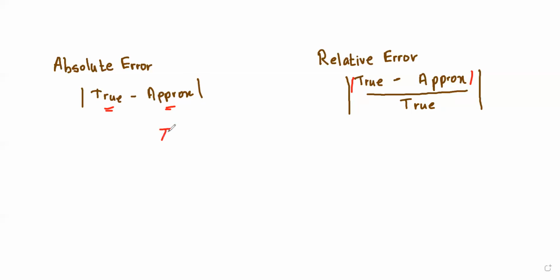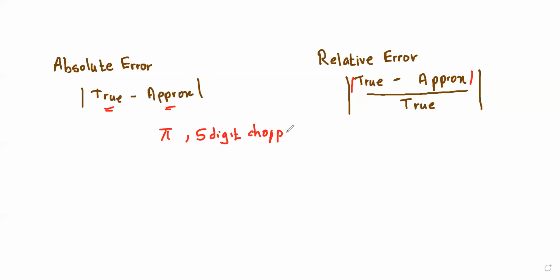Let's say the question is: find the relative error and absolute error for 5-digit chopping of pi.